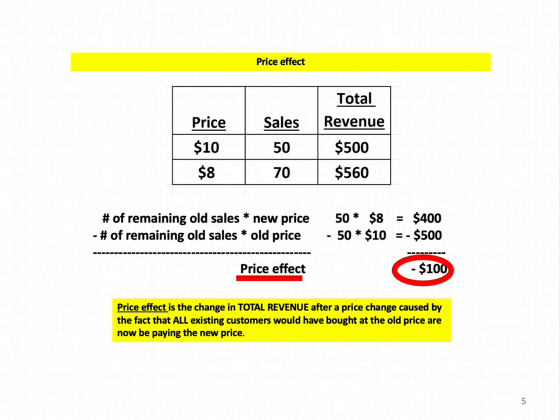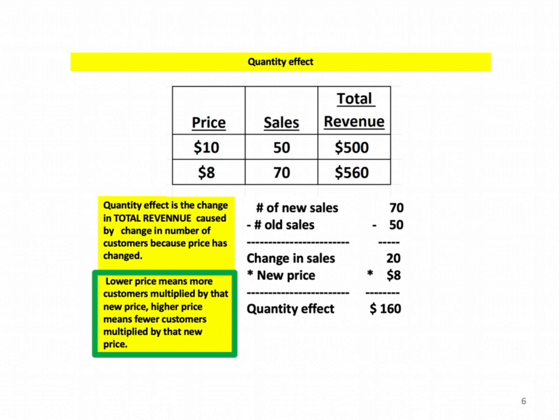One was the price effect, and the price effect was the change in total revenue caused by the existing customers now paying the new price. And then we saw that there was a quantity effect, and the quantity effect was the result of new customers coming into the market because the price was lowered, and the amount of revenue that those new customers brought in.